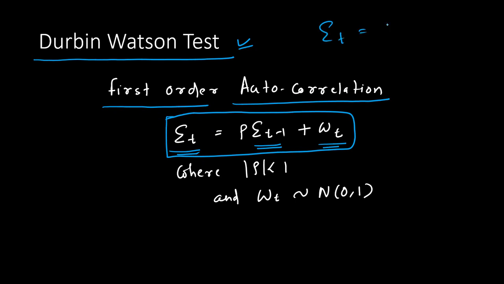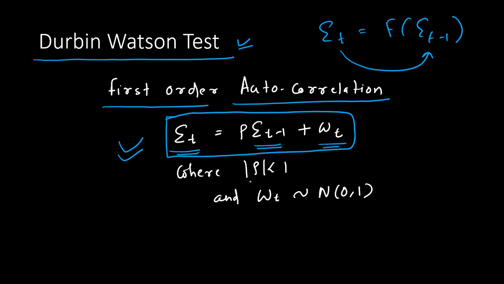So e_t is a function of its previous lag, or just one lag below it. Okay, so that sort of relationship, autocorrelation, can be found out using Durbin-Watson. So this is a typical case of autocorrelation which can well happen in a linear regression model, and using the DW test we can find out if there is a presence of it at all.